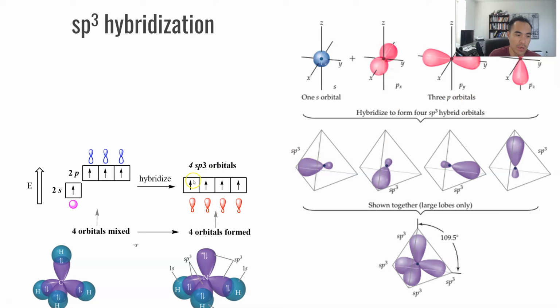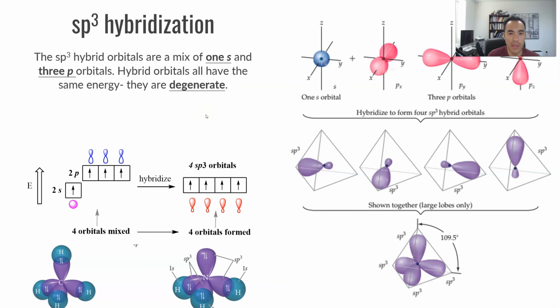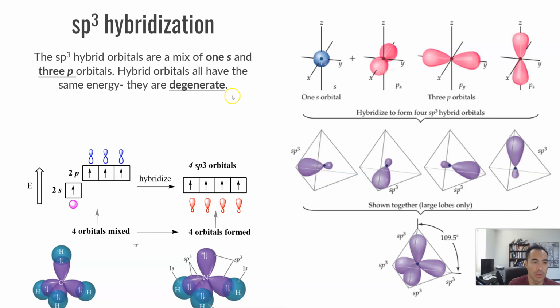So let's go over an example. An sp3 hybridization orbital is basically an orbital that has 1 s and 3 p orbitals. So if we take a look at this example right here, we have 2s and 2p3. When you mix them together, you'll be forming sp3 orbitals.